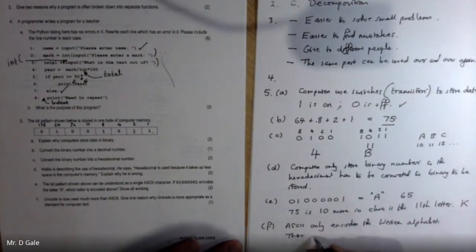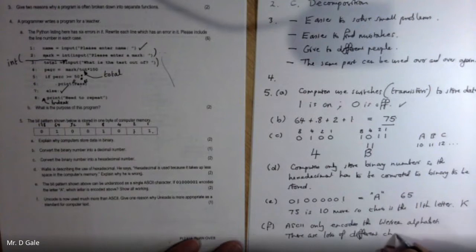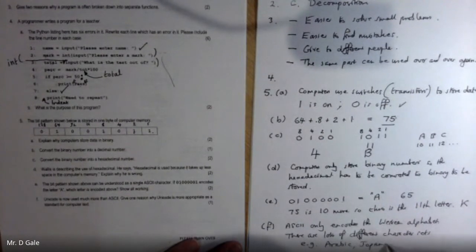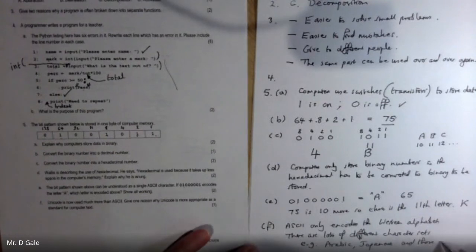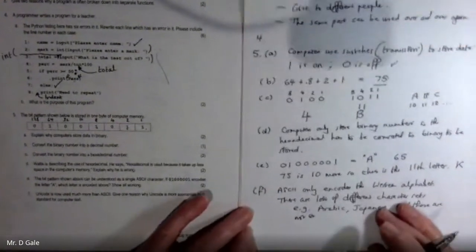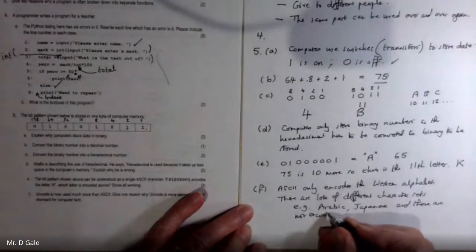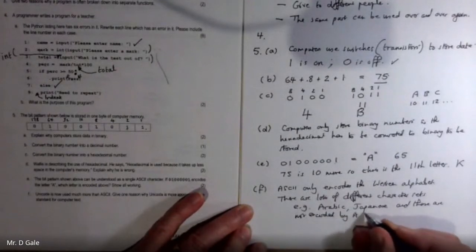If you were to write, there are lots of different character sets, e.g. Arabic, Japanese, and these are not encoded by ASCII.